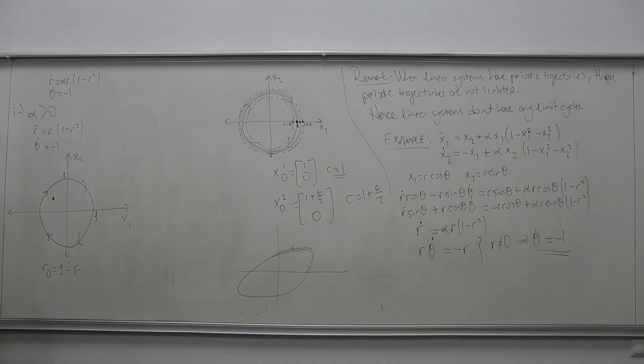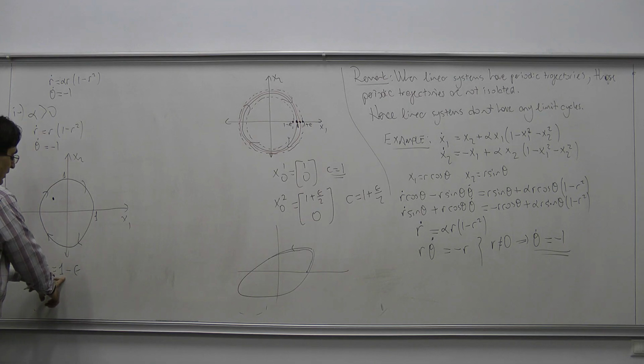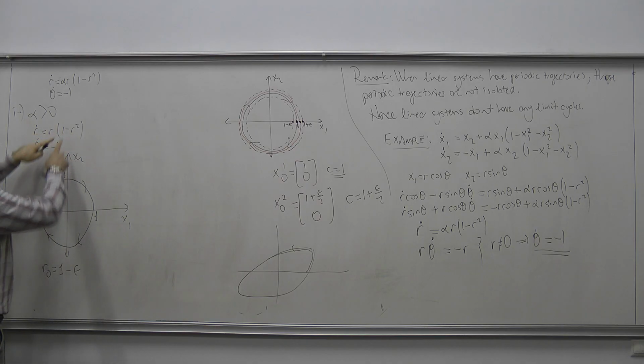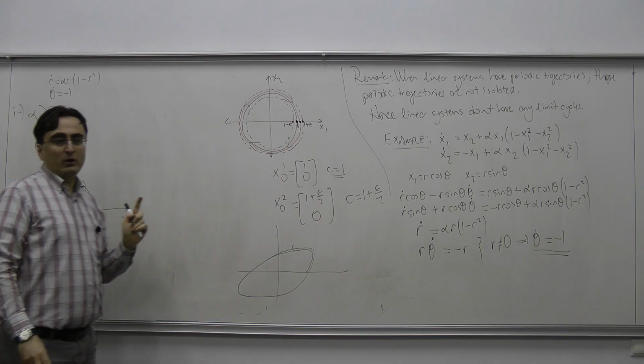Okay? So now I know that there is a rotation, but if the initial r is infinitesimally smaller than 1, then what happens to this 1 minus r squared? It is no longer equal to 0.